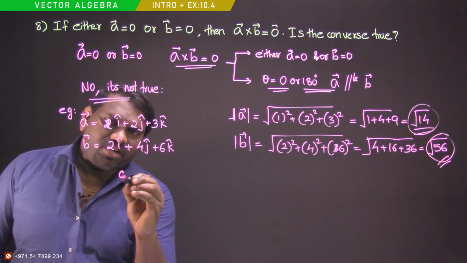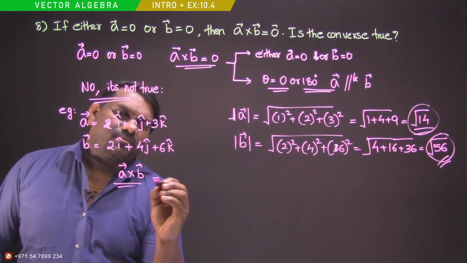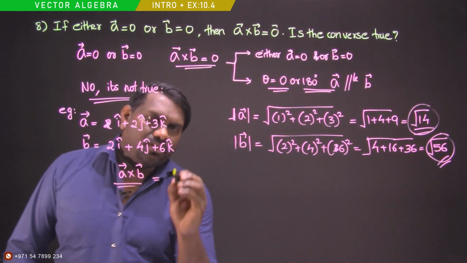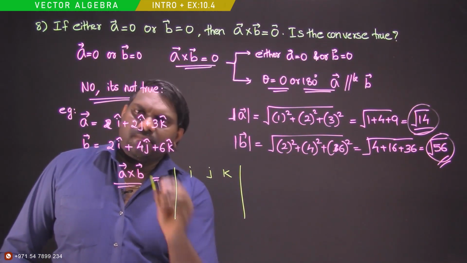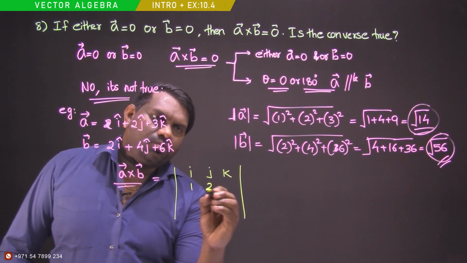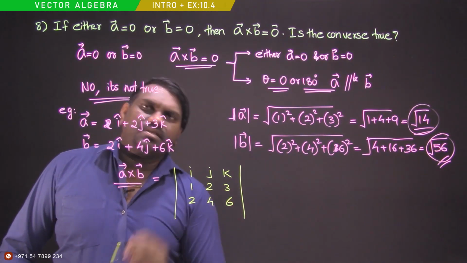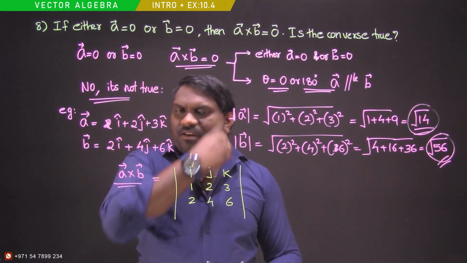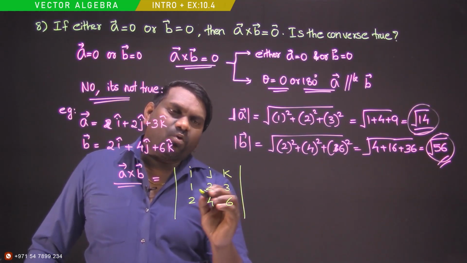Now let's see what A cross B is. If you take A cross B, with i, j, k, then 1, 2, 3, and 2, 4, 6. As you know by the determinant itself, you can take a common factor out. You can see these two rows are going to be the same.